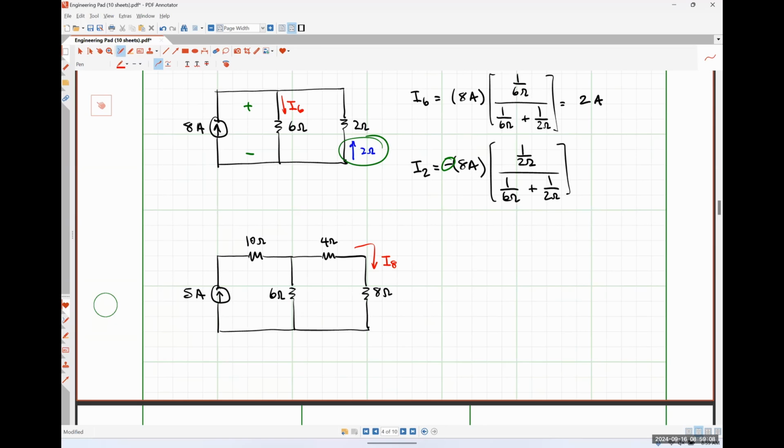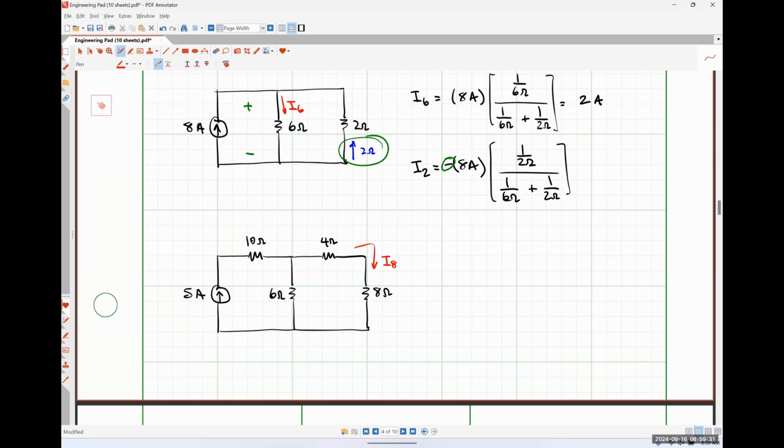What I mean by that specifically is the current we're looking for, I8, is the current flowing through that branch containing a 4 ohm resistor and an 8 ohm resistor in series. But if we combine those series resistances, that branch would be in parallel with the 6 ohm resistor.